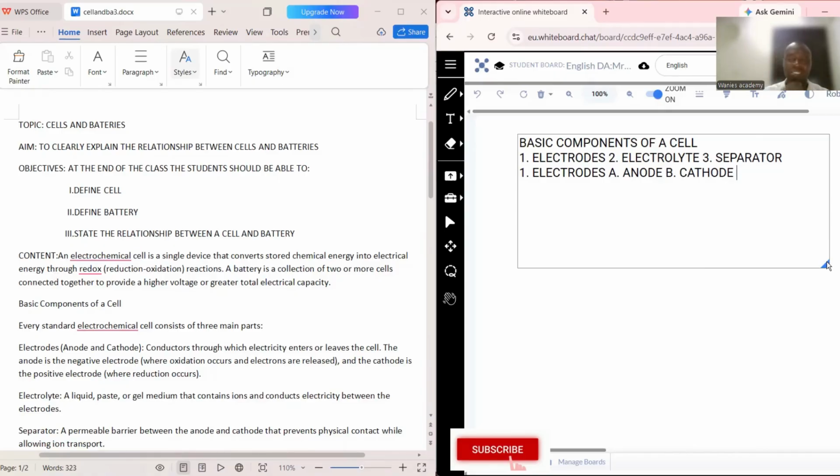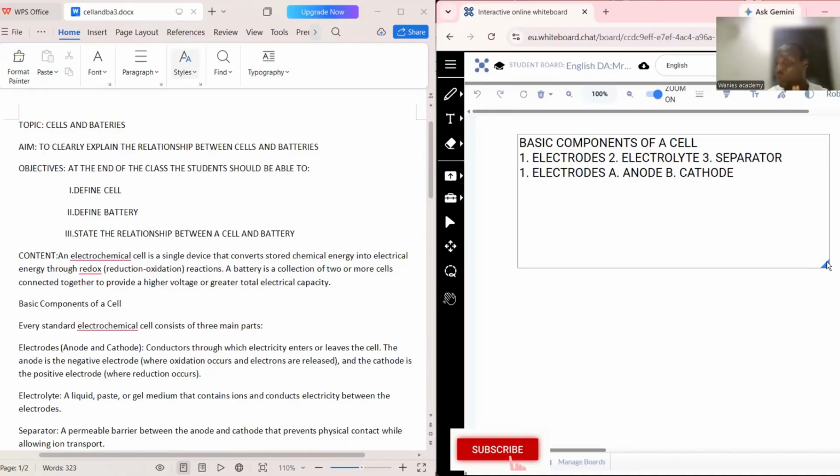So once again, the anode functions as a negative electrode when a cell is used to power a device, that means it's discharging. By virtue of the fact that oxidation occurs at the anode, electrons are released, and that makes the anode negatively charged when the cell is used to power a device. Then on the other hand, we have the cathode.